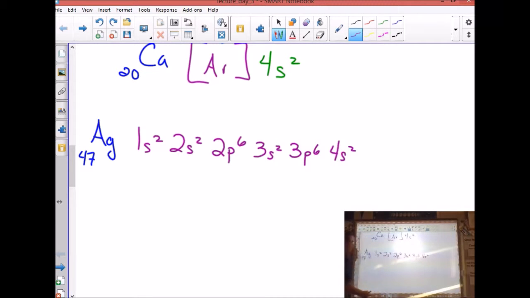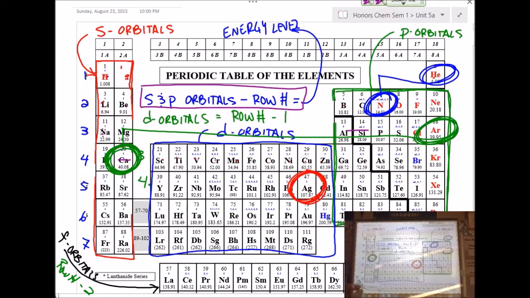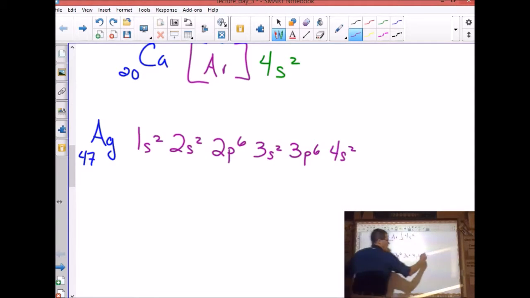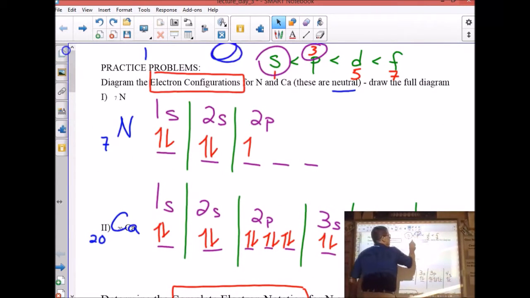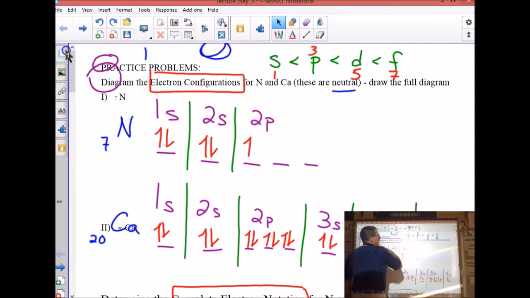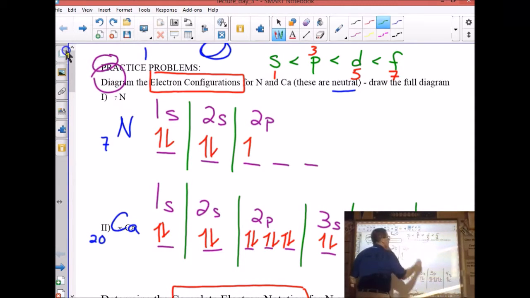And now we're starting to venture into the d's. It is 3 because now the d's are row minus 1. So the d's, and here's the reason why. When we look at, and I'll put a 3d here for a second, back here when we talked about the order, you have to fill up the s orbitals in an energy level first, then the p's, then the d's.